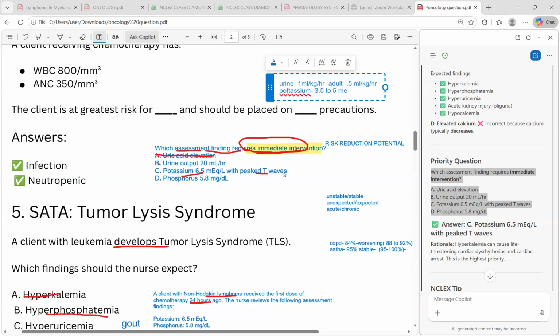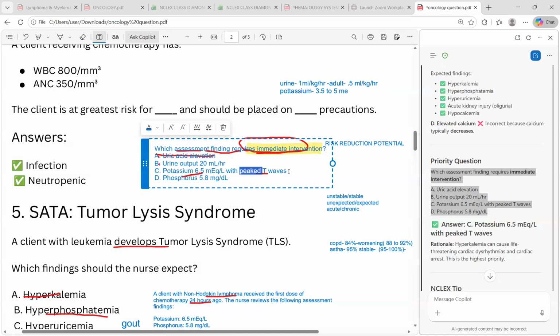This client can go into arrhythmia. That means both hypokalemia and hyperkalemia can be a risk for arrhythmia. So if there is a suspected arrhythmia, that is a life-threatening condition.